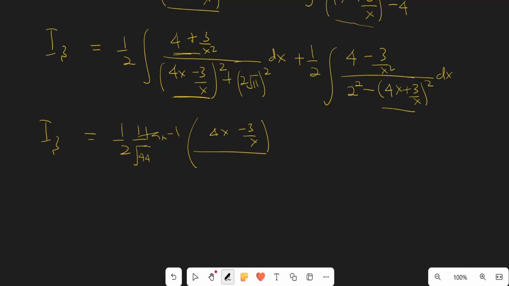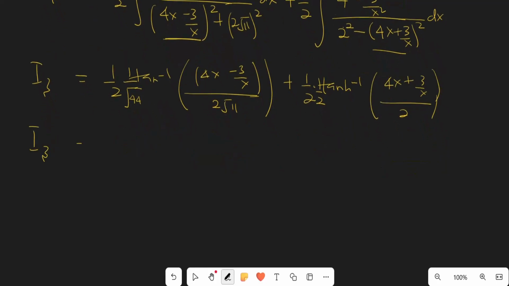A is the square root of 44, or 2 square root of 11, plus 1/2. This is the tan hyperbolic inverse function of x over a. So x is like 4x plus 3 over x here over a. A here is 2, but we have to divide by a. So we are done with the I3.